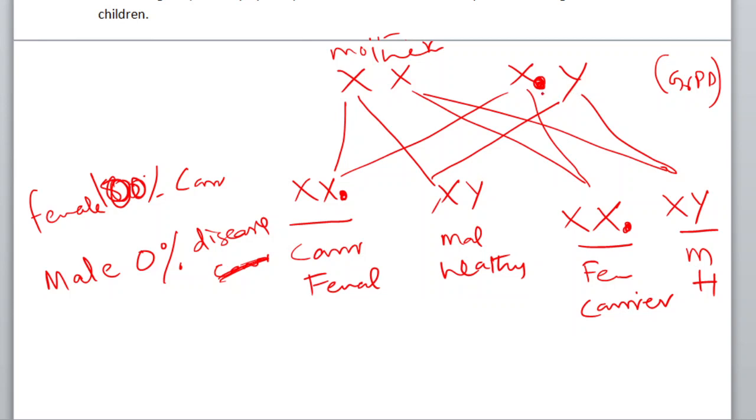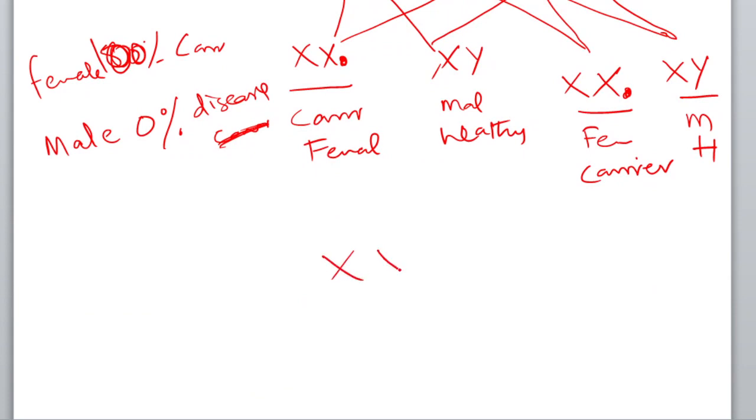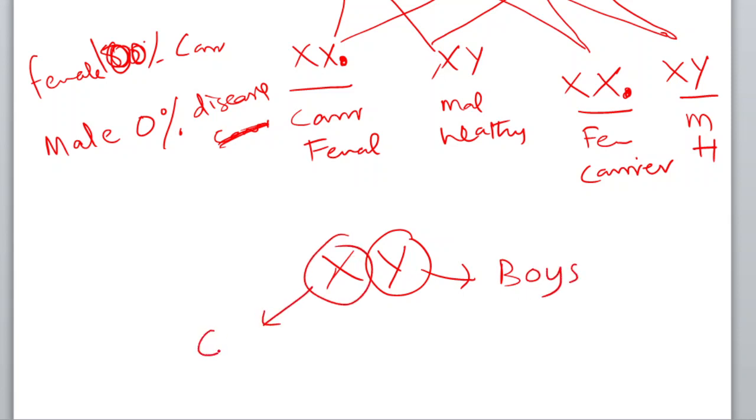When the father has the disease, it will only go to his girls. Why? Because father has XY. Now his Y will always go to his boys, and his X will go to his girls. Now the problem lies in the X chromosome, so it will always go to the girls, not the boys, and the boys will be safe.